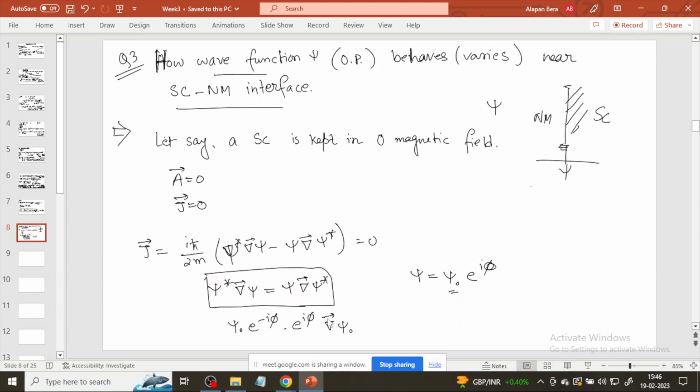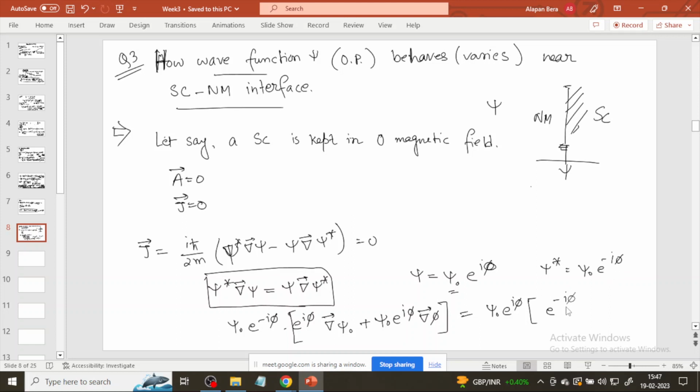Okay, so when we take the derivative of this side, this will give two terms. And from here we will get psi star is equal to psi naught e to the power minus i phi.